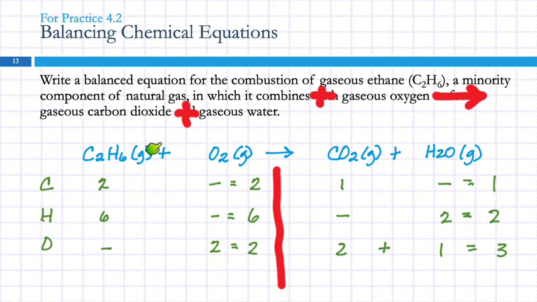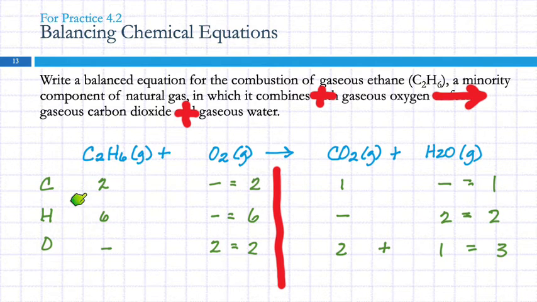Oxygen is at the end, which is appropriate because here we have O2 by itself. The reason we want that at the end is because if we put a coefficient in front of O2, it's not going to mess up carbon or hydrogen. Whereas if we had to use hydrogen last and put something here to balance the hydrogen, that would change the oxygen, and we'd have to go back and fix that.